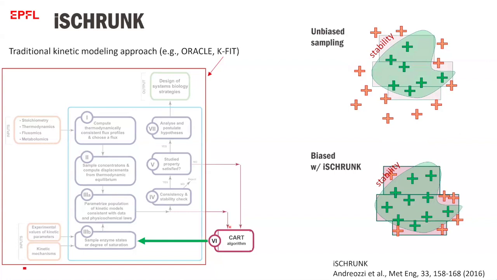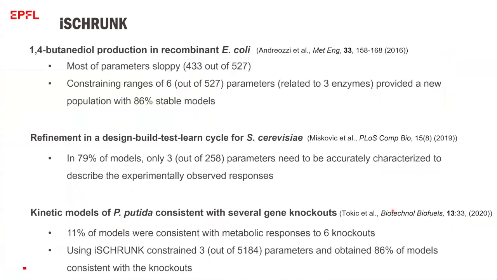I mean, we used it in a couple of publications to make responses of our models consistent with multiple knockouts, to reduce uncertainty. And the main thing that we have seen in all these publications is that when you analyze these kinds of systems, it is not all the parameters, in fact, that are really important to know when you are trying to describe this behavior. It is just a few.